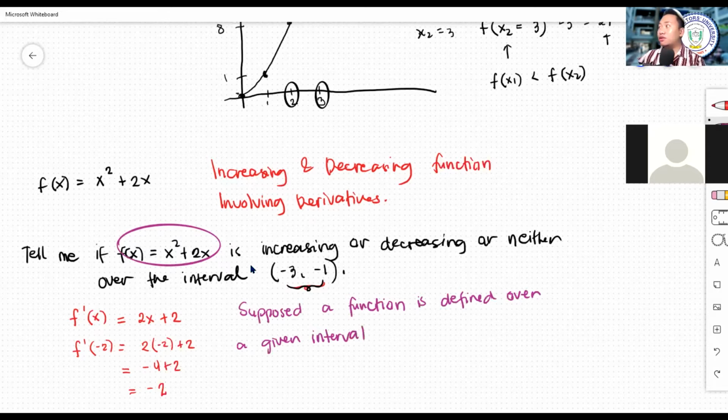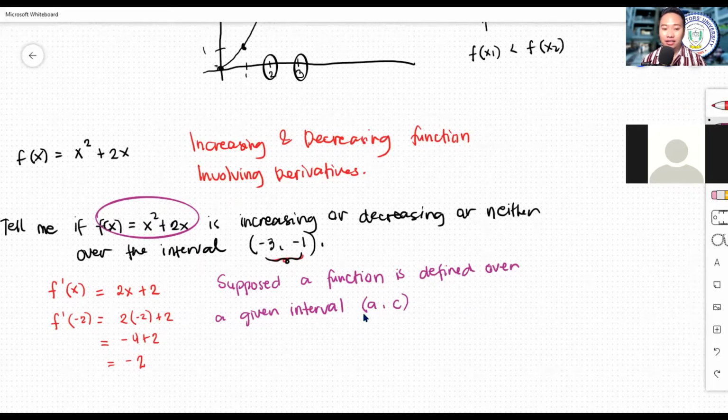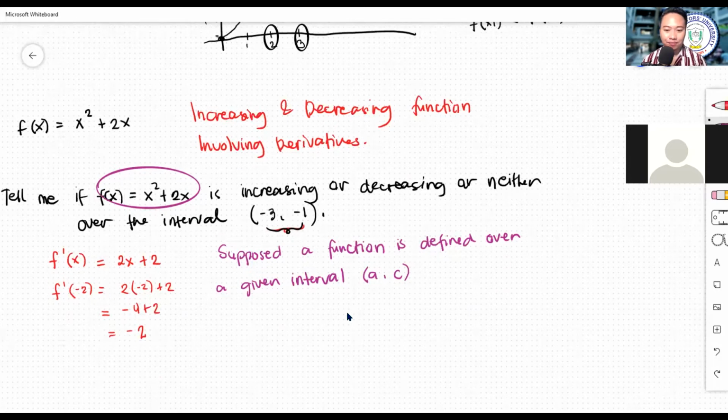The interval that I'm talking about here on the actual given, guys, is the -3 and -1. But since we are making a definition, we're going to be using letters lang to generalize everything. So open interval, let's say, for example, AC. I'm using these letters para musakay sa inyong libro. Kaya I know that you guys are accessing the book. AC.